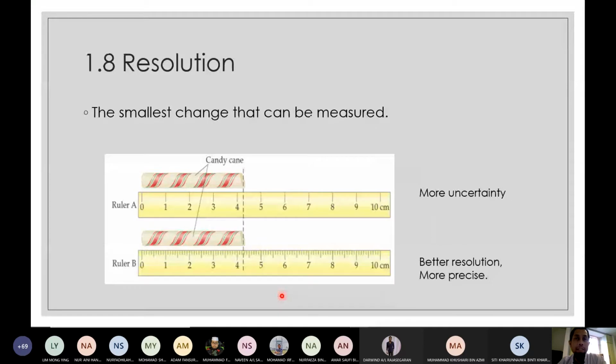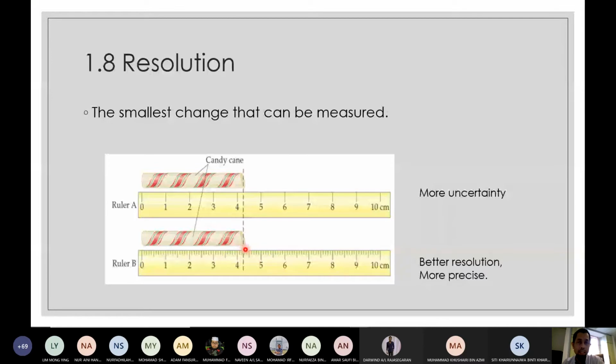And then resolution. Resolution is quite intuitive. I know you already know about this. It refers to the smallest change that can be measured. A simple example is the two rulers here. One has the scale up to centimeter, and the other has the scale up to millimeter. By using the second one, ruler B, we can identify the length of this candy more precisely.